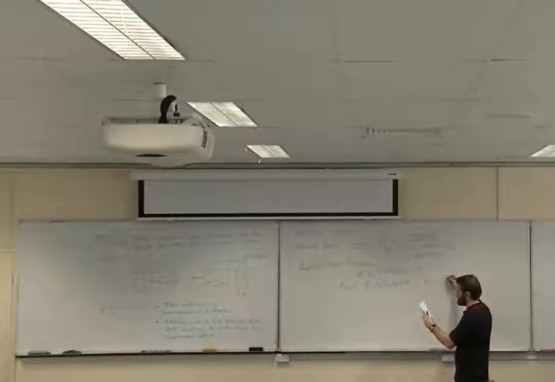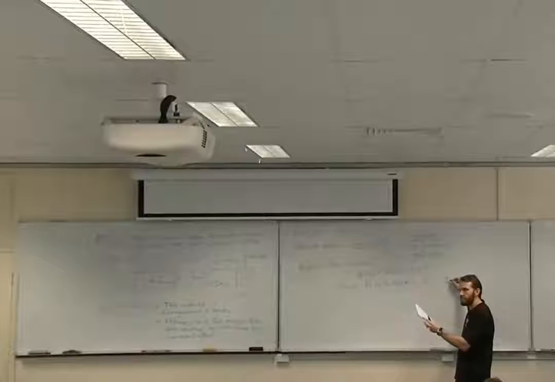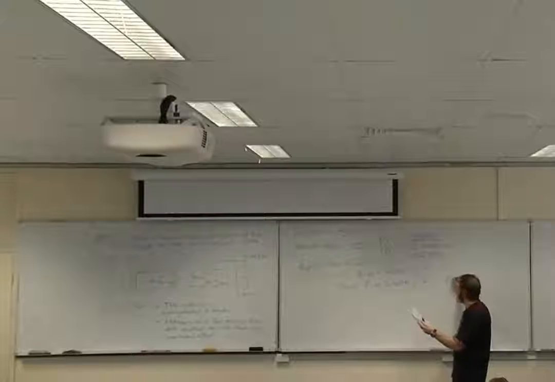What do we get for KT? 2.5. Yeah, somewhere in that 2.25 to 2.5 range. Most of you got 2.5, so let's use that.